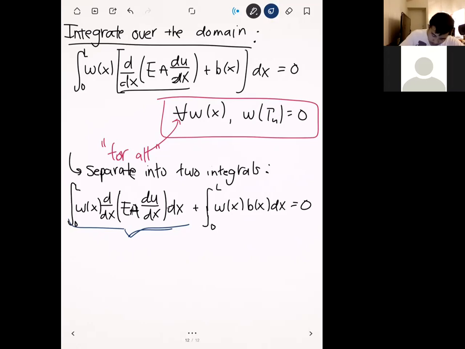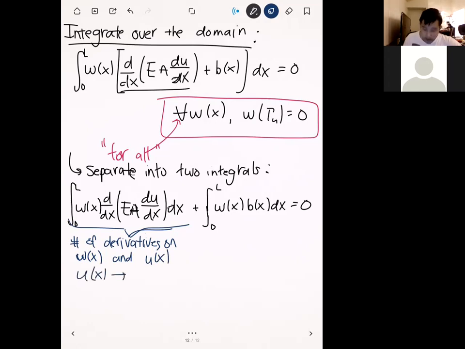And I want you to count the derivatives on each of w of x and u of x. Let's start with u of x.